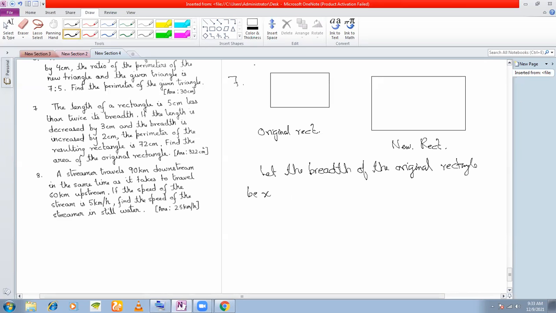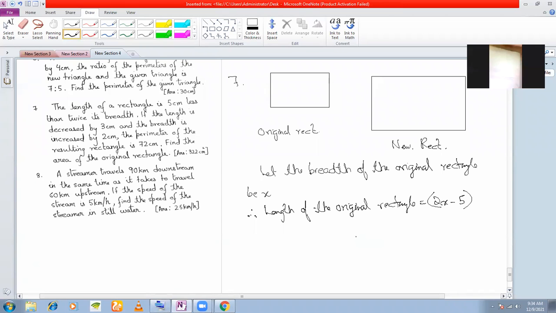Therefore, the length of the original rectangle, it is given that the length of the rectangle is 5 centimeter less than twice its breadth. That means 2x minus 5. That is the length.